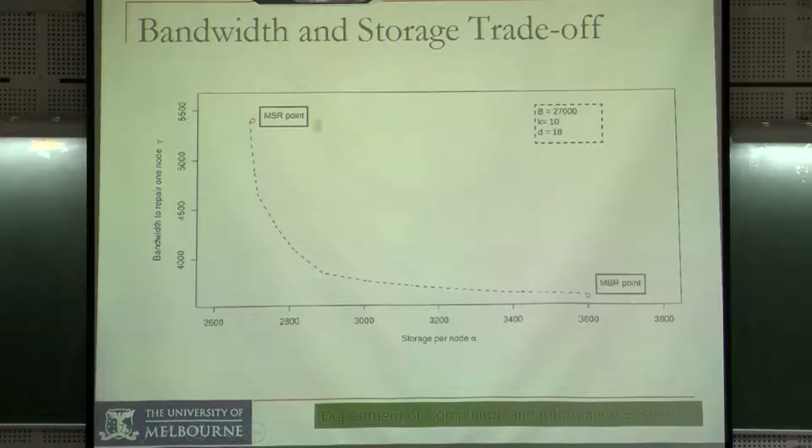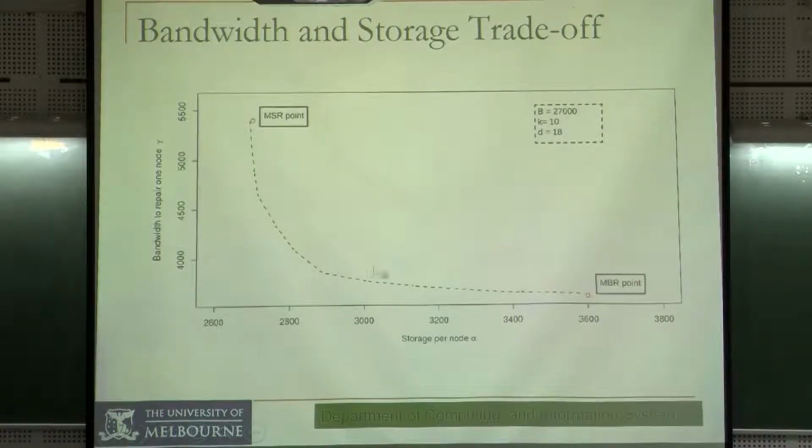And there is the MSR point, the minimum storage point, where storage is minimized, but you might need more repair bandwidth. The main idea is to come up with somewhere where this is minimum.